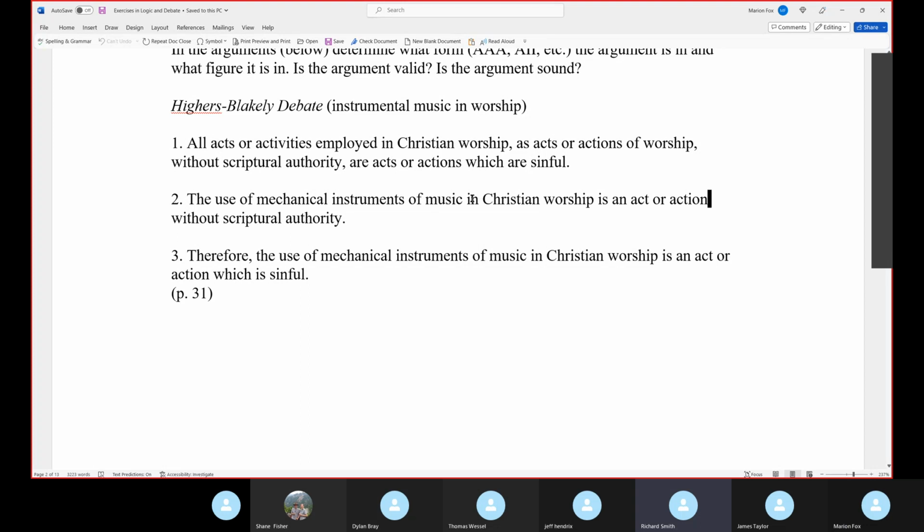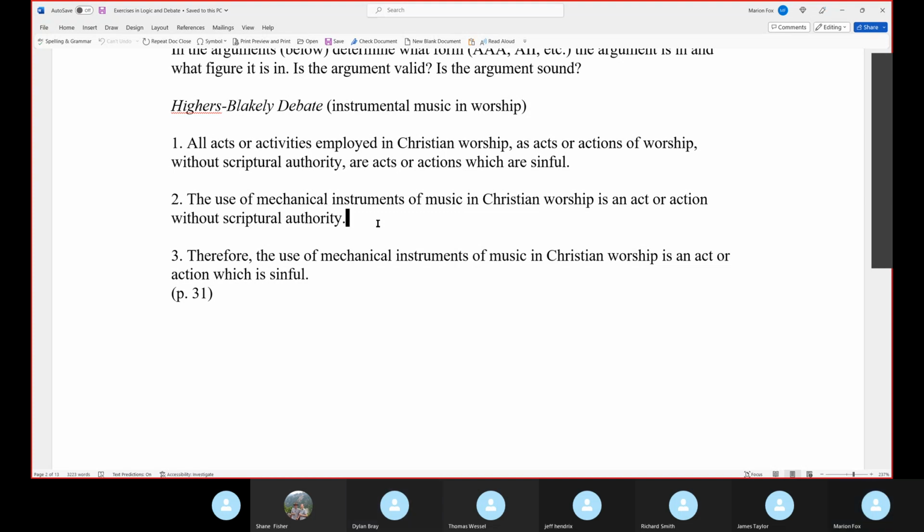What if you changed your minor premise to "All use of mechanical instruments of music in Christian worship is an act or action without scriptural authority"? Yeah, that would make it an A-type proposition. And is that not really what he is implying in his argument? Yeah, he probably should have put "all," but he didn't want to get off into some other tangents. Probably why he made it particular.